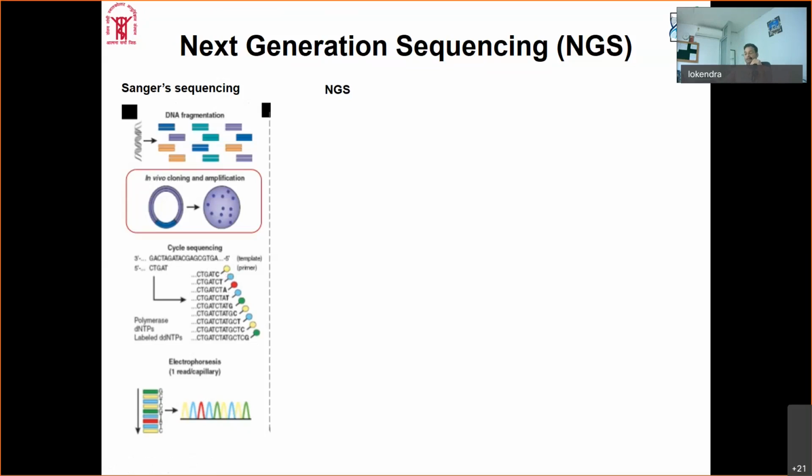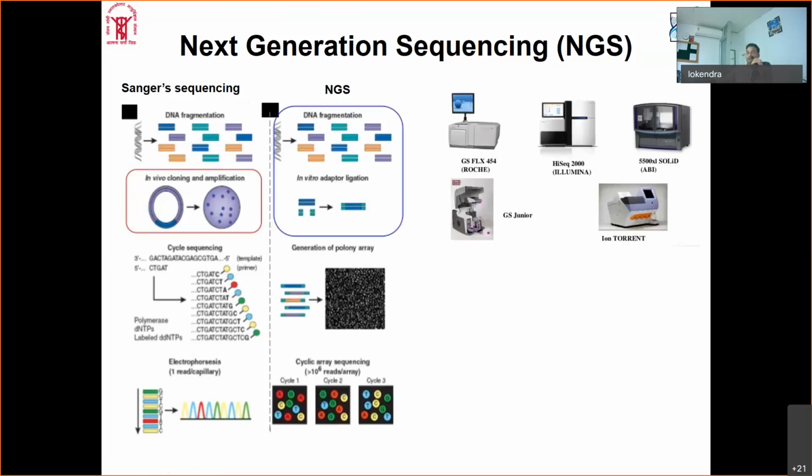However, this is improved by the NGS system, in which the major fragmentation part is the same. But from fragmentation onwards, you now have various other methods which can improve the outcome of the reaction. Instead of cloning individual fragments, they are ligated to adapters, and each adapter is already labeled with some sort of probe, and their primers are also known.